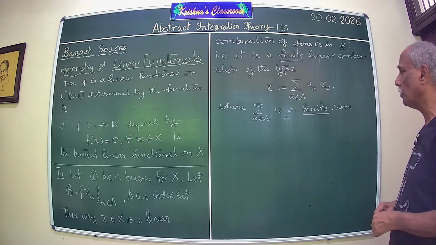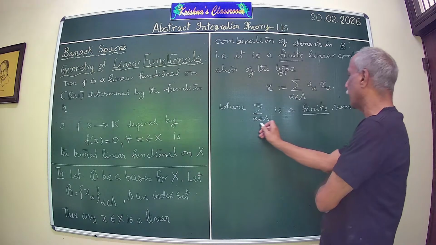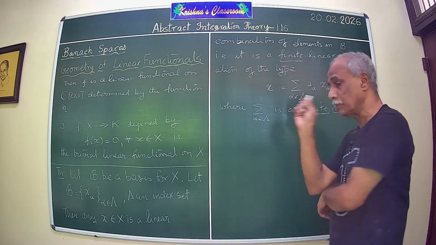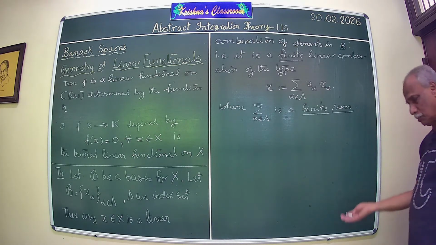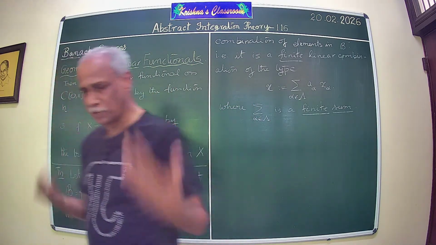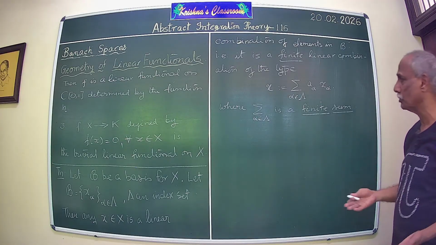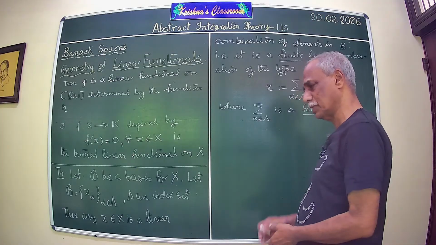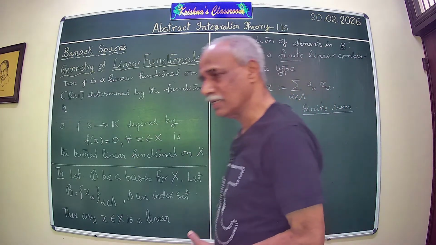Okay? Therefore, we are at the moment talking only about a finite sum. That is the meaning of that. And this is an important point. At the moment, we are not talking about a normed linear space. We are not talking about a topological vector space. There is no topology to support it. See, the moment you want to talk about an infinite sum, you should have some kind of a convergence notion which can be justified. Okay?